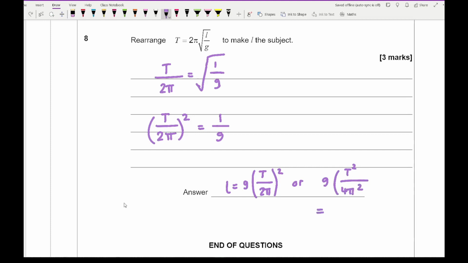Or I could write this as G T squared over 4 pi squared. So again, so many different answers, and again, if you are confident that you've got the right answer but it's different to what I've written on the screen, then I strongly recommend you check out the mark scheme, which I'll attach in the description, to see if your answer is valid and correct.